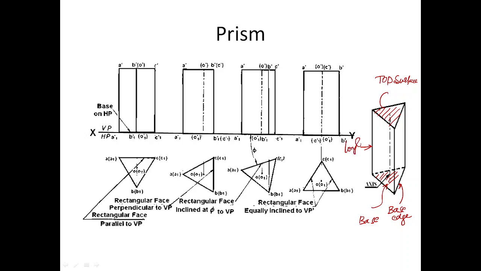Longer edge. So this entire surface is a rectangular surface. Now with respect to the base edge and the rectangular face, the solids are going to be placed over the HP. Now first case, you just observe the first case.